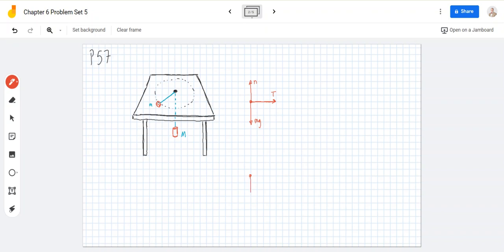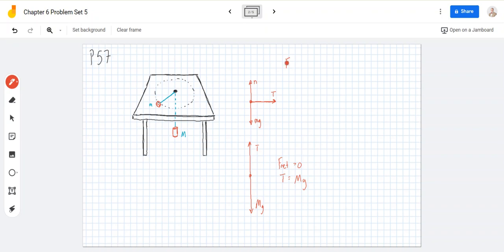Now, if he's at rest, this is big mg, that's his weight, and that's T for tension, and those should balance. And so this T and this T are the same. So we look at this one and we say, oh, well, what do we know about the net force? It's equal to 0. Therefore, the tension is equal to big mg.